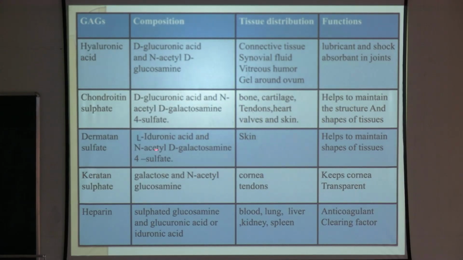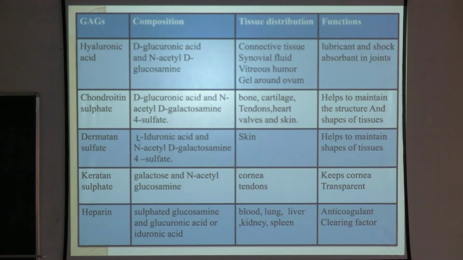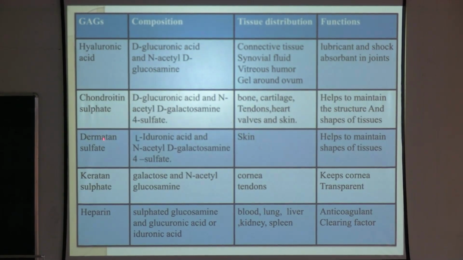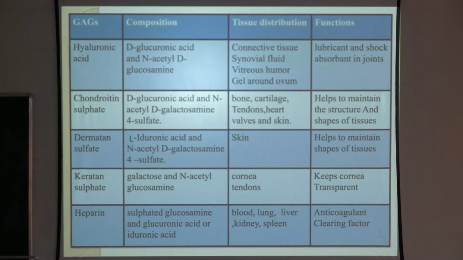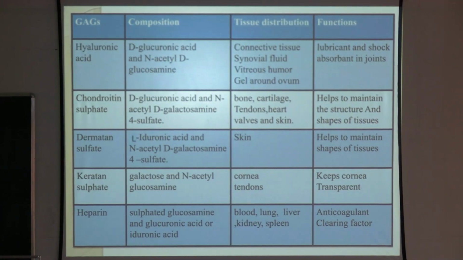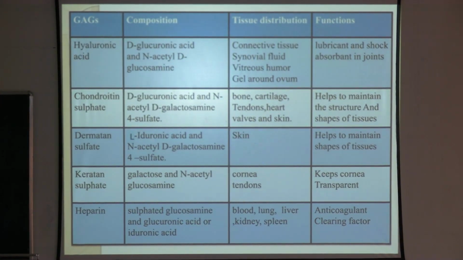Don't just remember like this; write it down as I am saying it. CDKH3. C is for chondroitin sulfate, D is for dermatan sulfate, K for keratan sulfate, H3 hyaluronic acid, heparin and heparan sulfate.